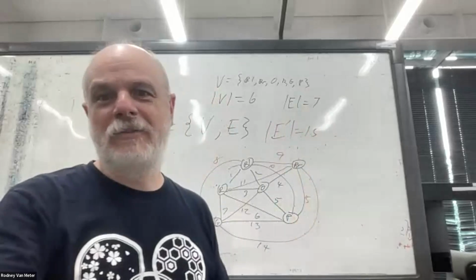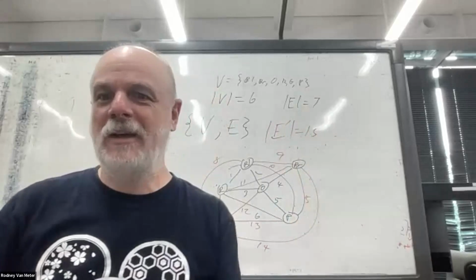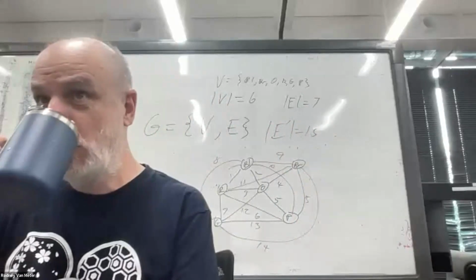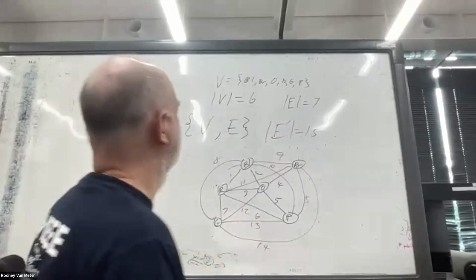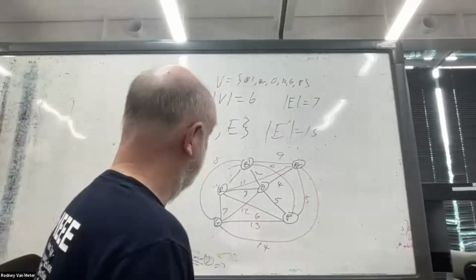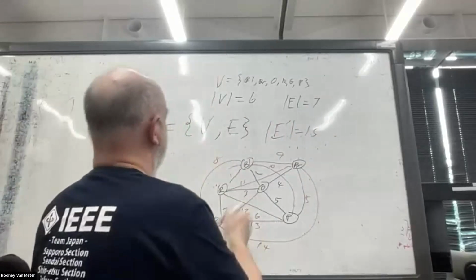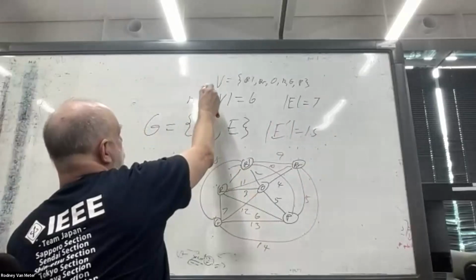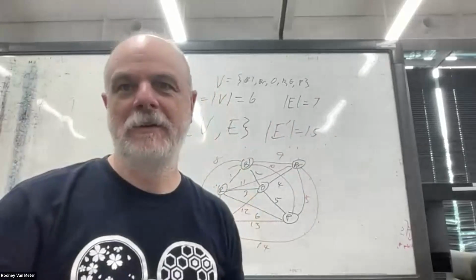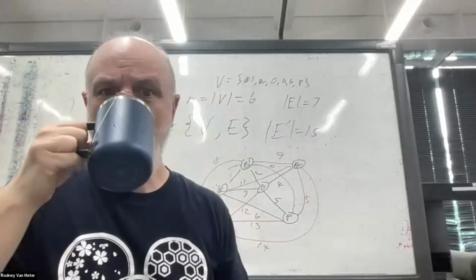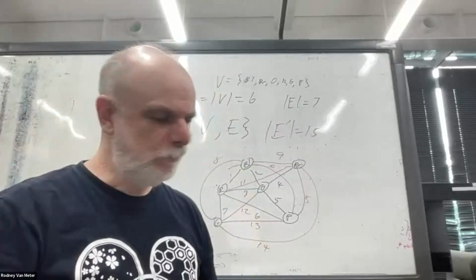So Aman says n times n minus 1 over 2. Hey, that kind of makes sense, doesn't it? Let's call the size of our set V n.